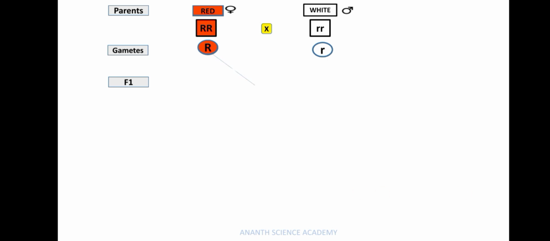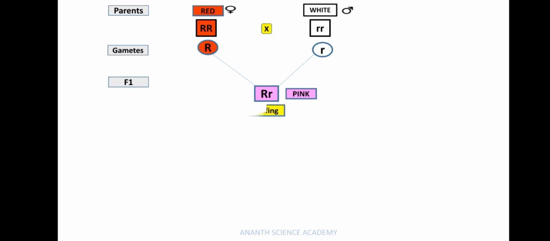When they are hybridized, in the F1 generation, the plants produced pink colored flowers. The phenotype of the F1 plants are pink colored flowers and the genotype is capital R, small r.